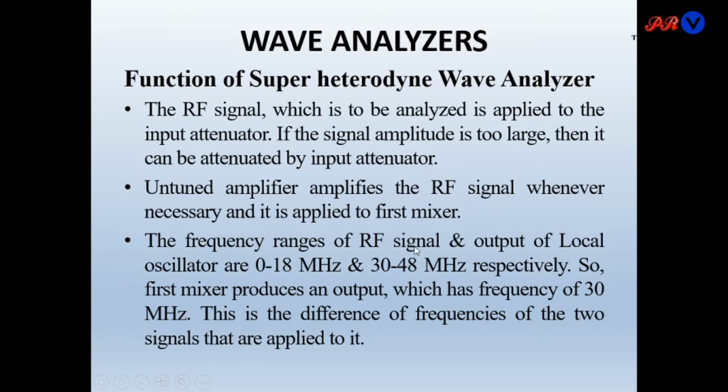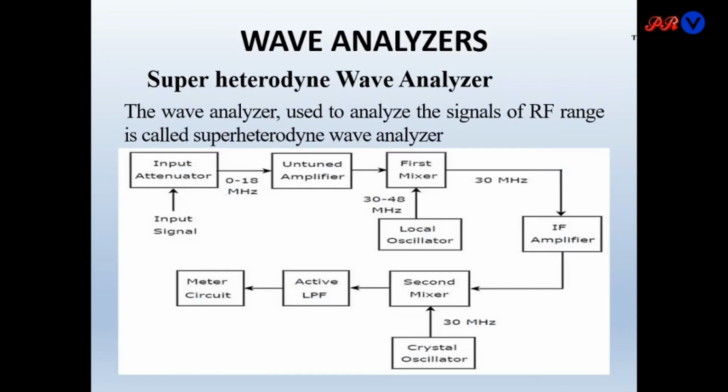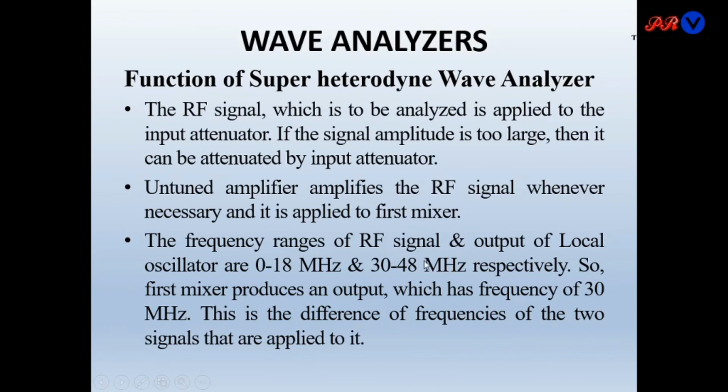The frequency range of the RF signal and the output of the local oscillator are 0 to 18 megahertz and 30 to 48 megahertz. So, the first mixer produces an output which has a frequency of 30 megahertz, meaning the difference of these two frequencies.